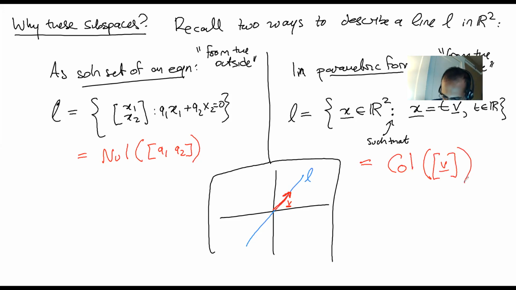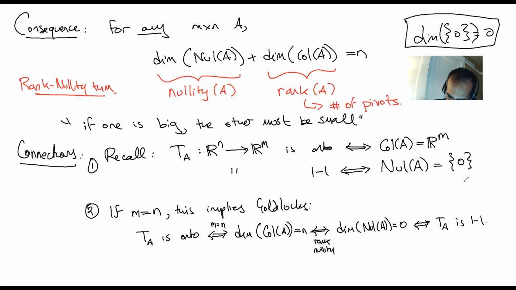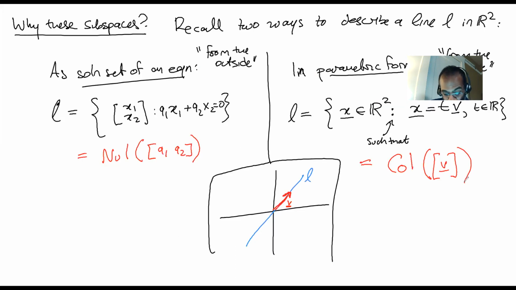And so what we've done here is just generalize these simple descriptions to higher dimensions. That's why column space and null space are very natural geometrically. So any questions about that?